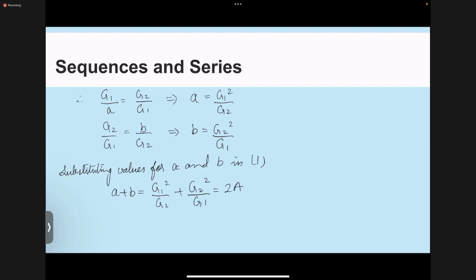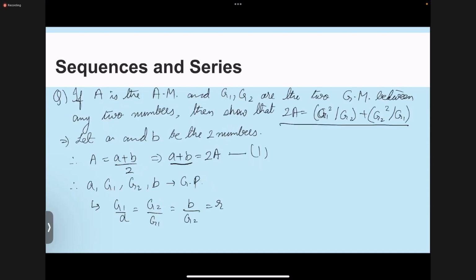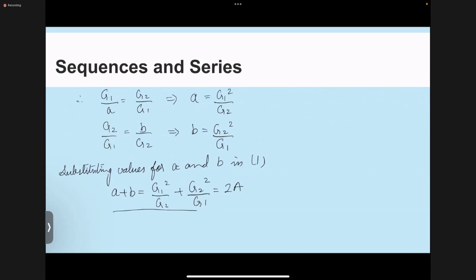Okay, and this is what we were asked to show: that 2A is equal to G1 squared by G2 plus G2 squared by G1. So this is your answer, and then you can just say that it is hence true.